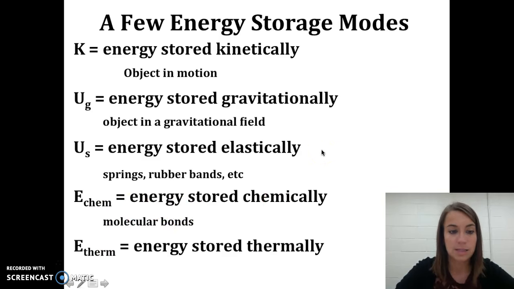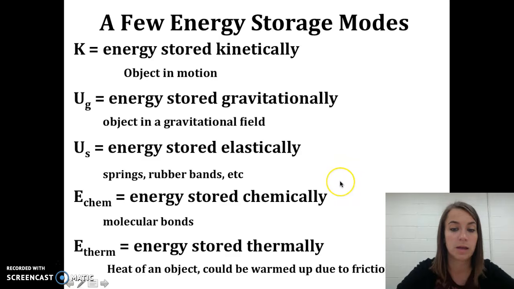Last one we're going to talk about is Etherm, and this would be energy that is stored thermally within a system. So this would be something like the heat of an object. It could be warmed up due to friction. That would be thermal energy, and most likely we'll see it in the form of heat. So these are the 5 main ways we're going to talk about the ways energy can be stored.